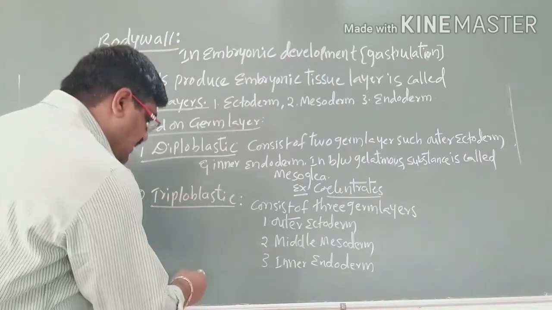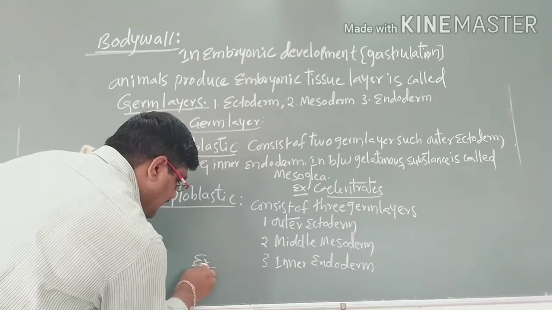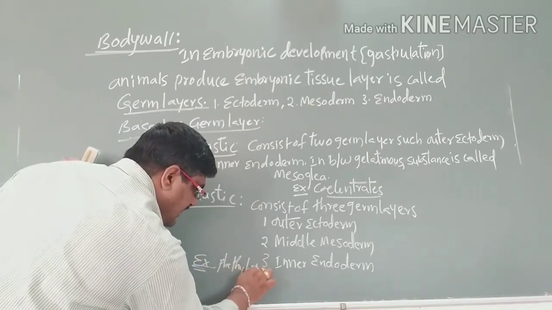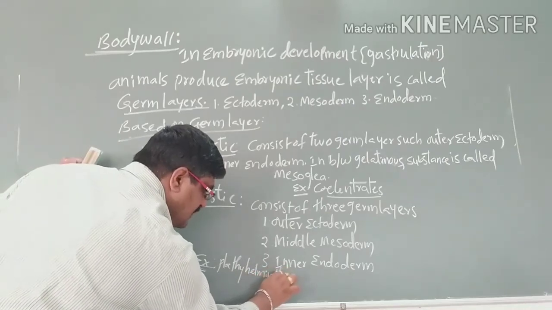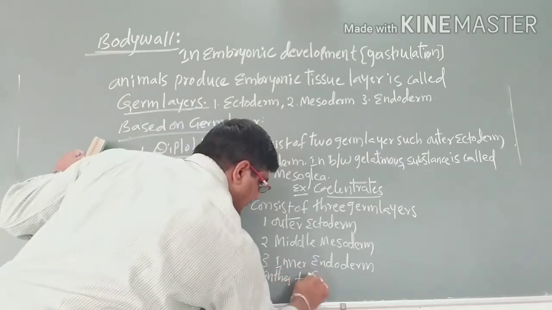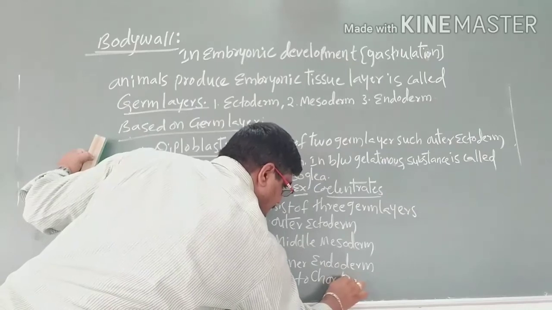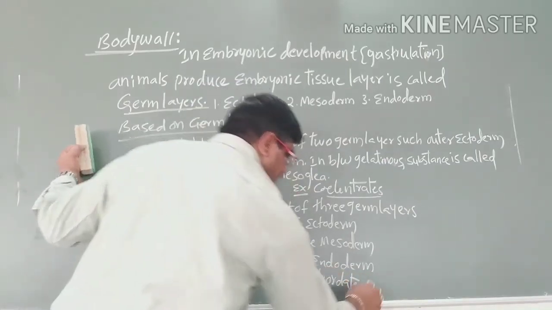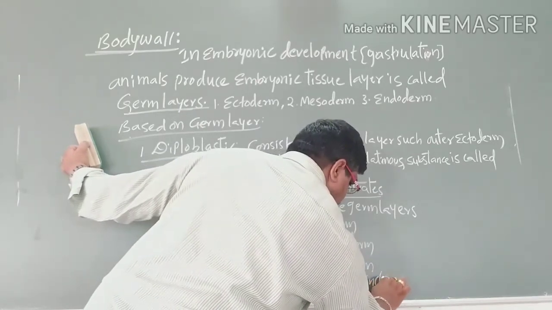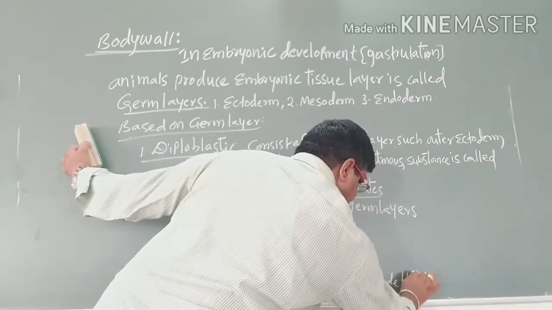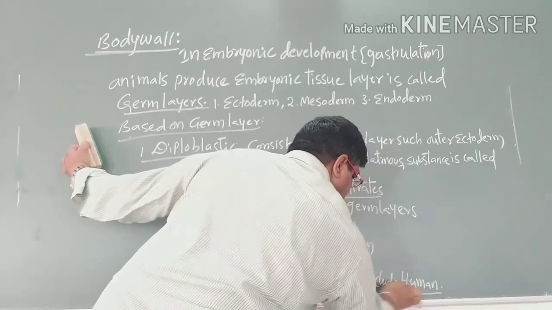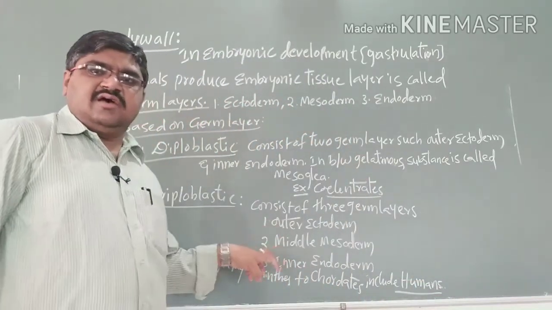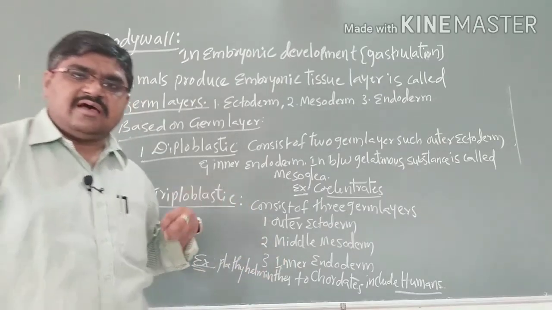As triploblastic examples, we can take the platyhelminthes to chordates, including humans. So humans also have three germ layers. If they have three germ layers, we call it triploblastic.